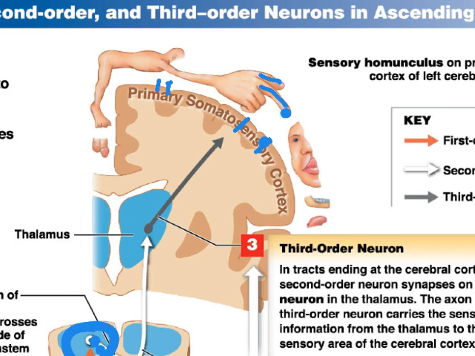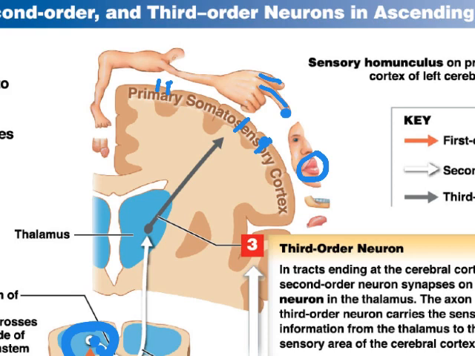Notice some other areas that have a large area compared to their body size. Lips, for example. Your lips are very sensitive. They have a lot of sensory receptors, and the brain devotes quite a bit of real estate to receiving that information. And so your lips on this picture look large.